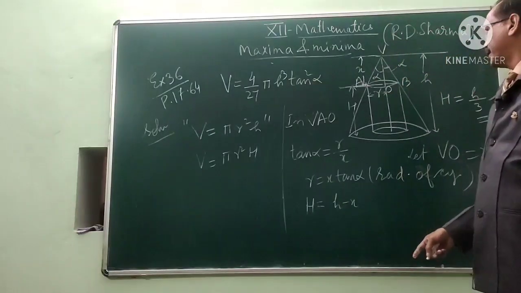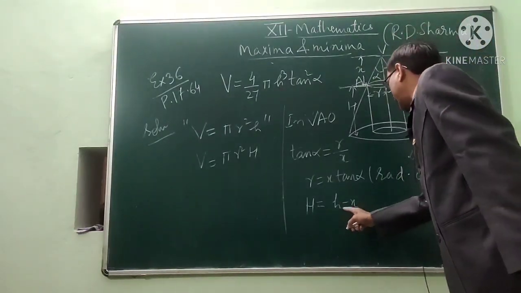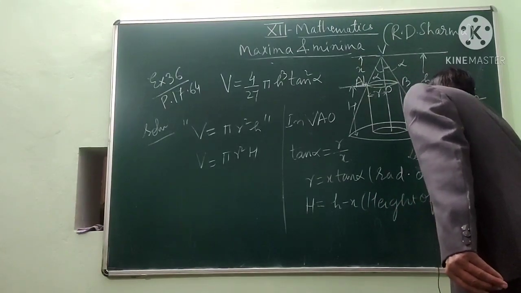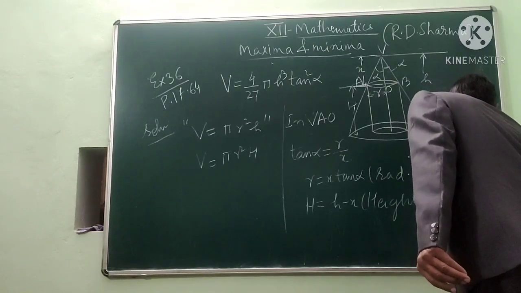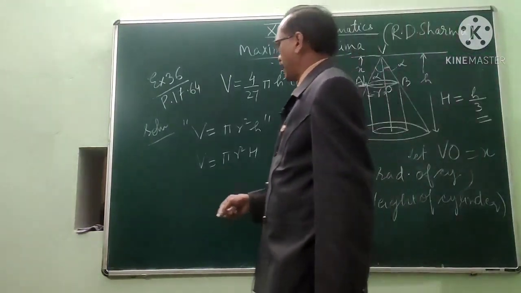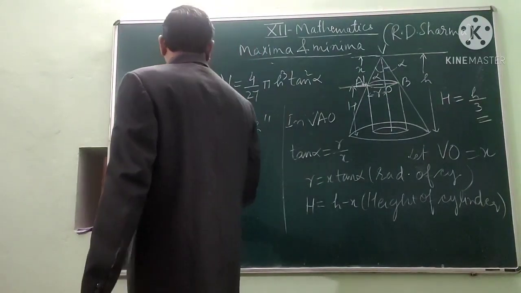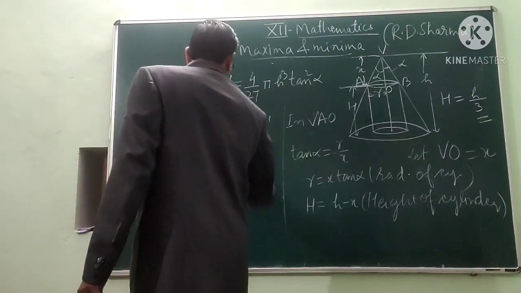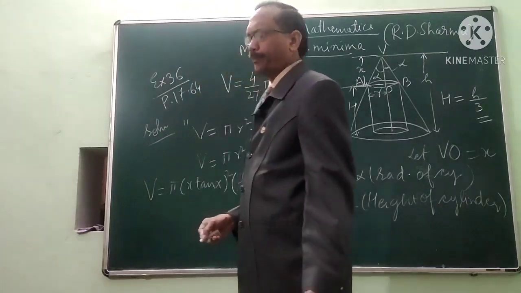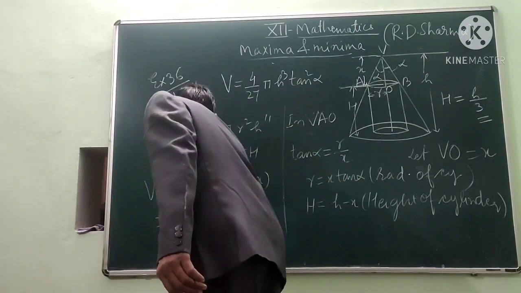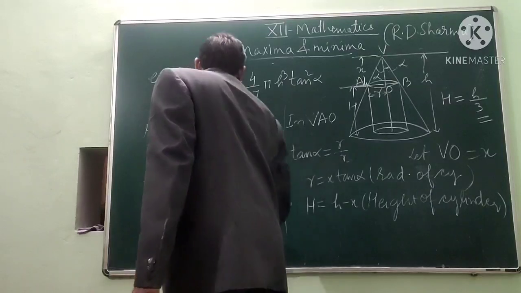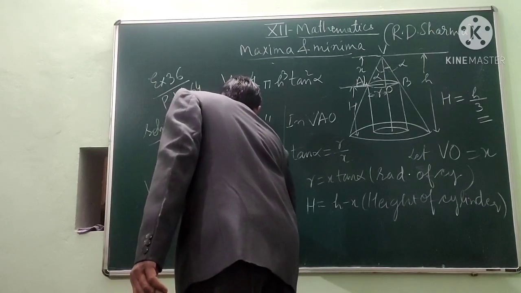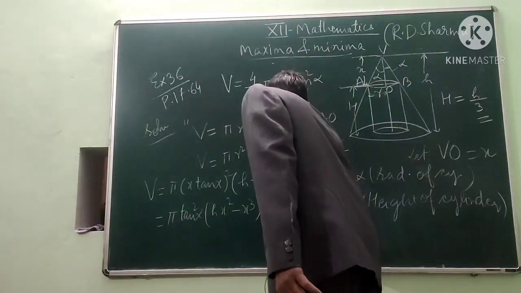Therefore, the volume of the cylinder is pi into x tan alpha whole square into h minus x, and it is pi tan square alpha into hx square minus x cube, which is a function of x.